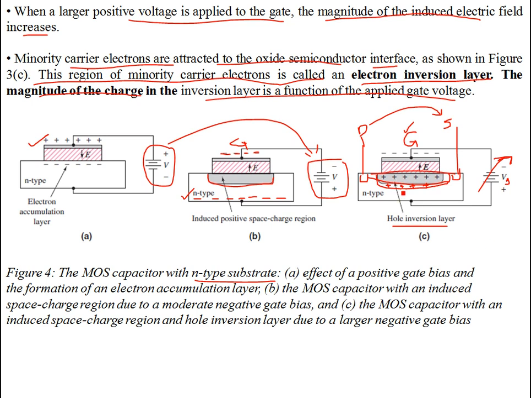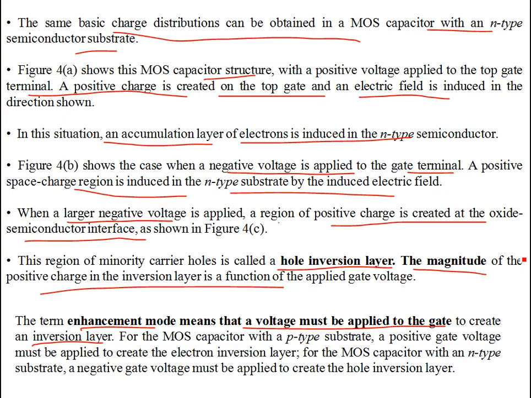Because you need an inversion layer. Why do you need an inversion layer? To create a channel. And this channel is going to support the flow of current from source to drain or from drain to source. So to create the inversion layer, you must apply the gate voltage. This is what the term enhancement mode means.